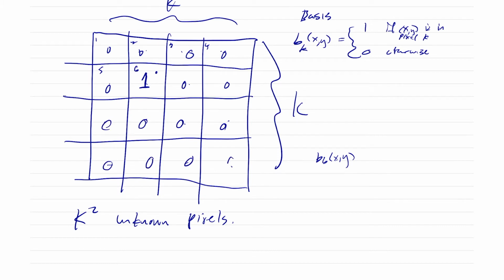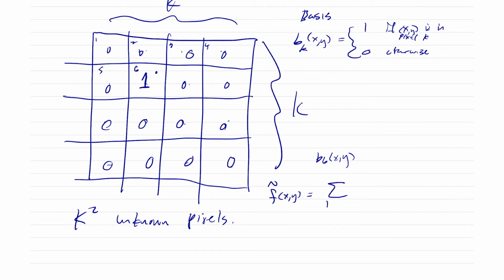Right. So this ends up being a basis for our pixels. And so basically what we're doing then is, if we're looking for the attenuation function, an approximation of the attenuation function f(x,y) is going to be given this way.